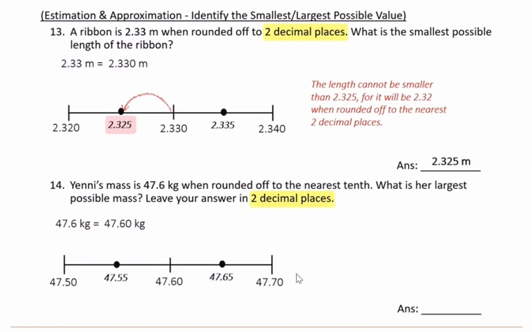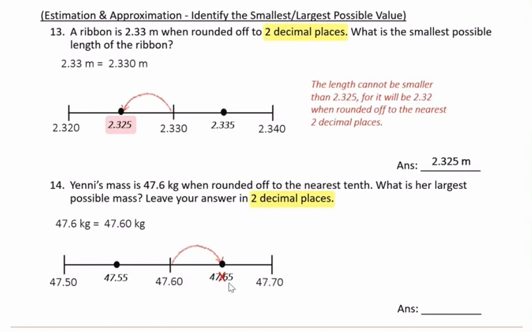So I want the largest. So I'm going to move forward here. Because to the nearest 10th, I need to make it 2 decimal places. So that means I need a 100th place here. So that means this is 47.65. But I cannot take 47.65.